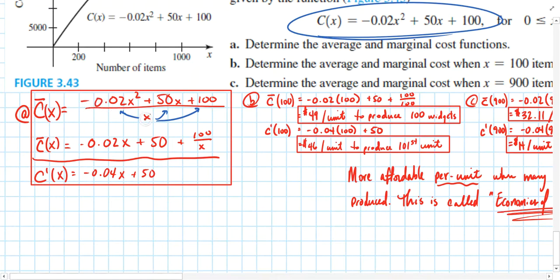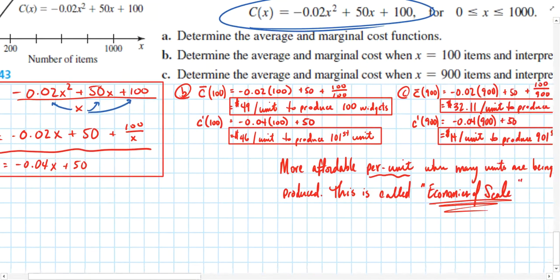So this negative 0.02x squared divided by x gives me the negative 0.02x. 50x divided by x is 50, and 100 divided by x as well, just 100 over x. Now the marginal cost function would be the derivative of this guy. So 2 times negative 0.02 is negative 0.04. And then we've got 50, the constant here. So we've got our marginal cost function as well.